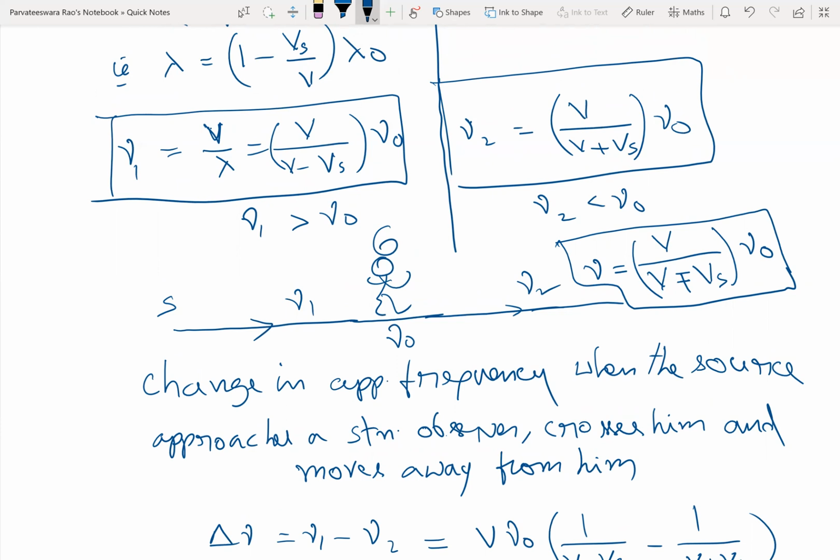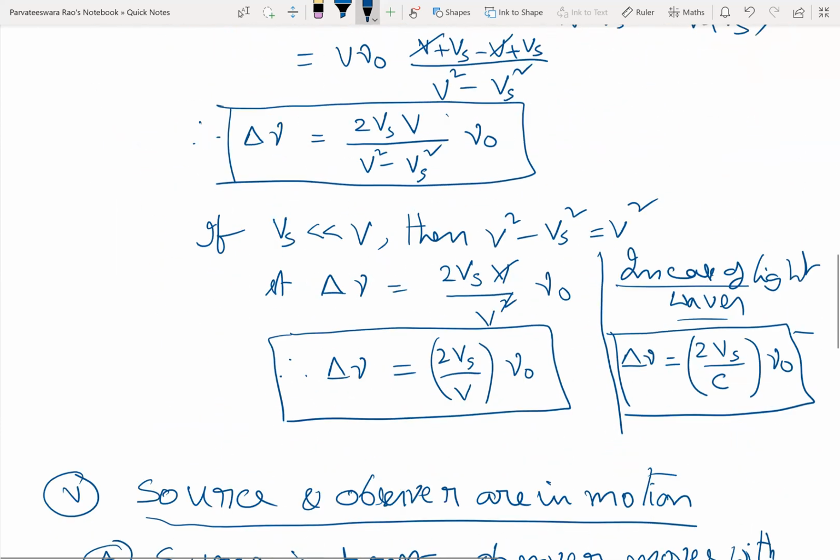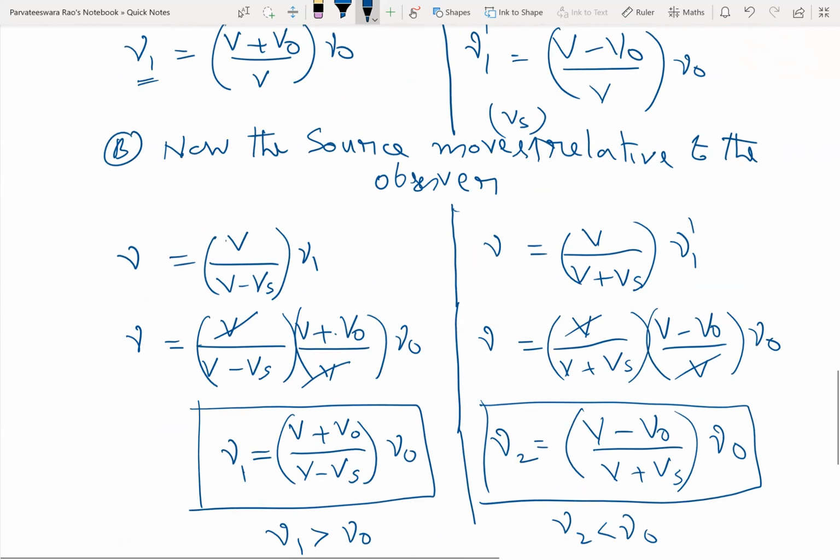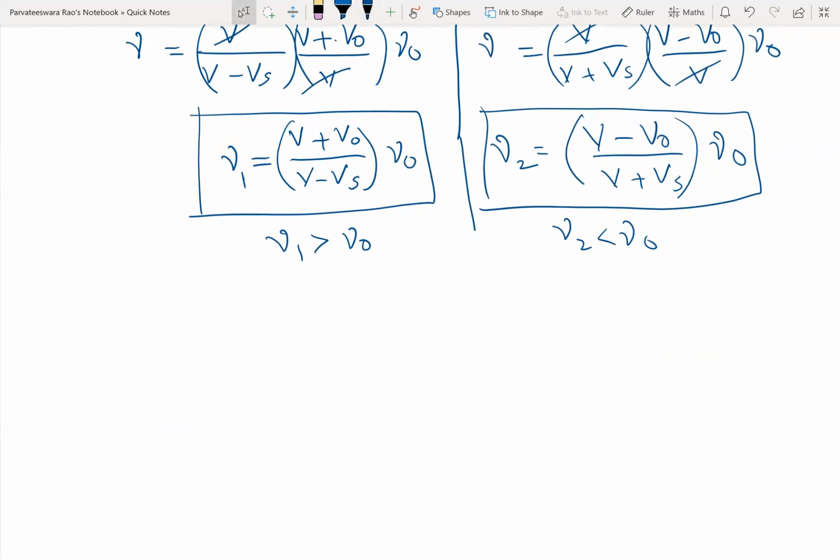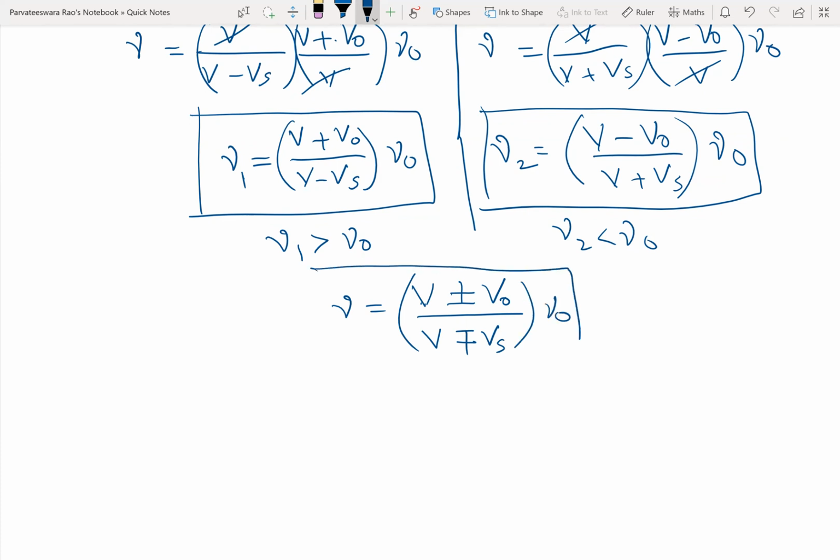And the general expression for this can be written as V plus or minus V naught by V minus or plus Vs into nu naught.